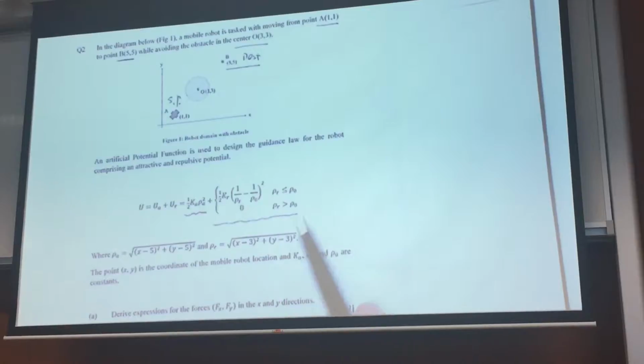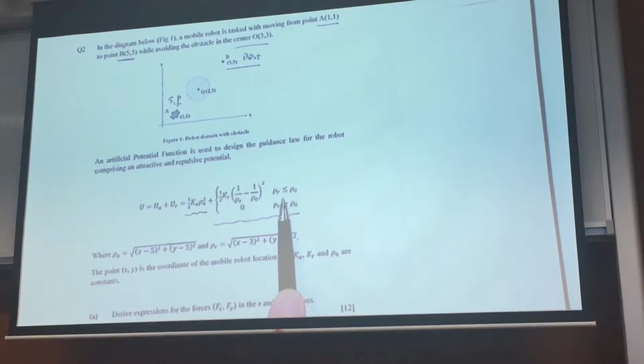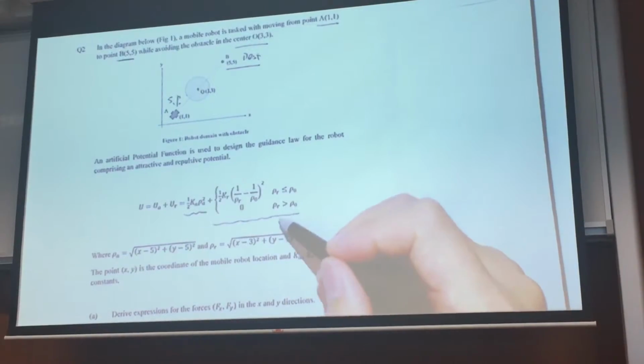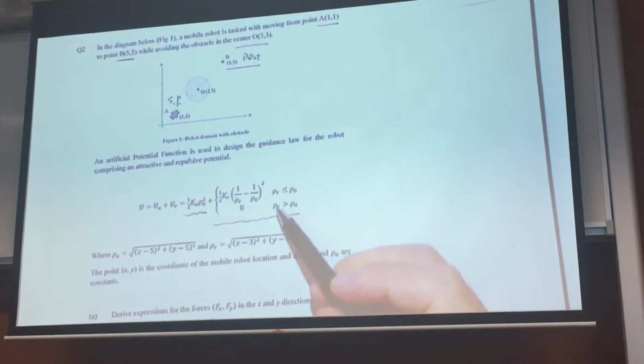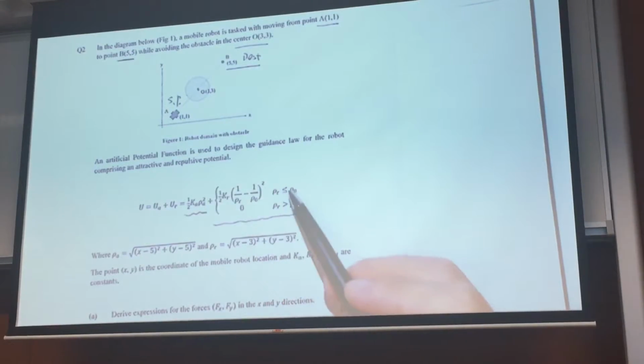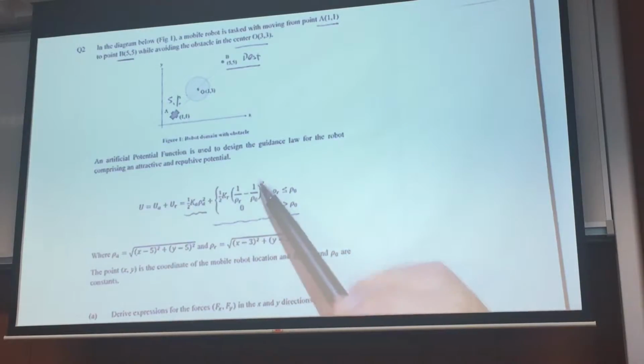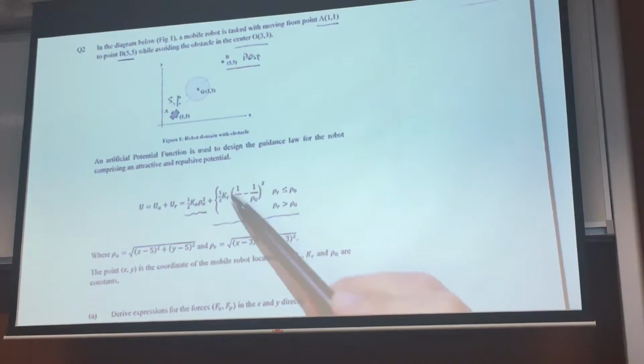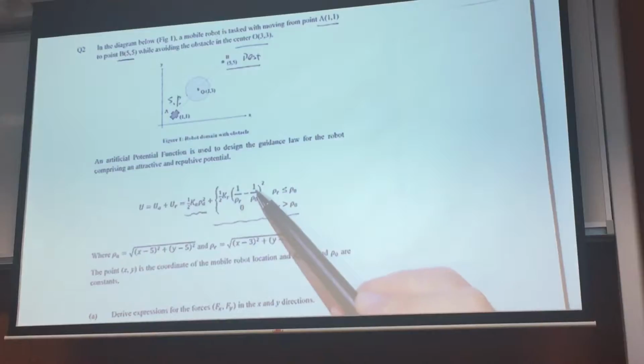And the repulsive potential is only active when the vehicle is located within the obstacle. So that's the meaning of this part. When the vehicle is outside the obstacle, then the repulsive potential is deactive, is zero. Inside the obstacle, the repulsive potential is defined as in this equation.